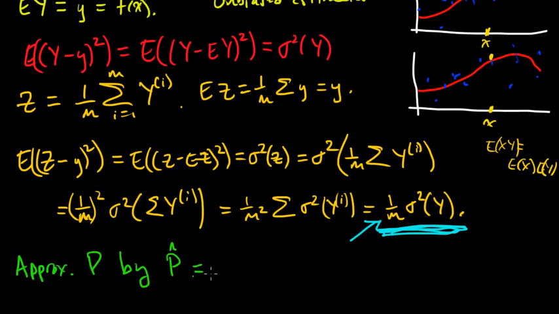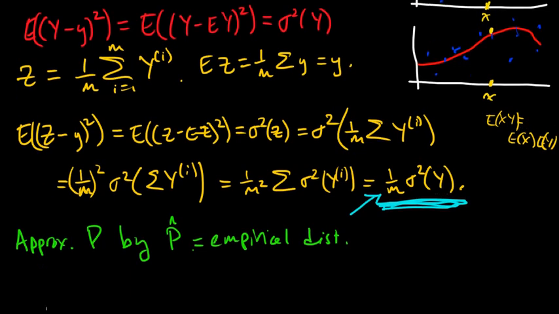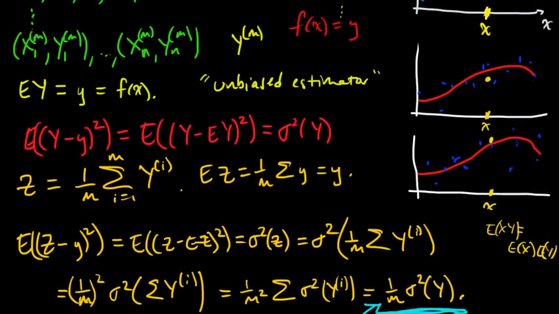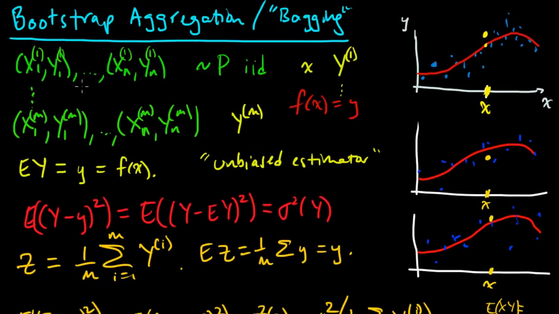So P hat is the empirical distribution. And instead of these true samples, we'll draw bootstrap samples from P hat, the empirical distribution, just in the way that I described before.